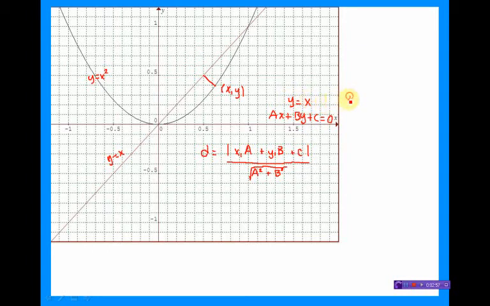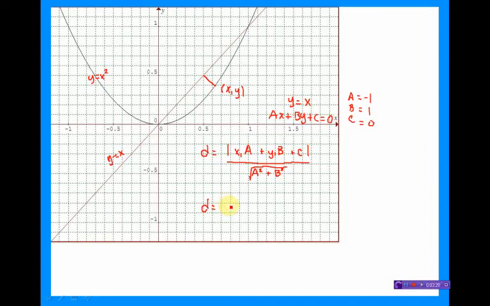So with the line y equals x, we have a, b, and c values equal to -1, 1, and 0. So taking that into consideration, I can now write the distance. As a little bit of a side note here, because I'm going between 0 and 1, and I can see that the distance is always going to be positive, I need not worry about the absolute values.